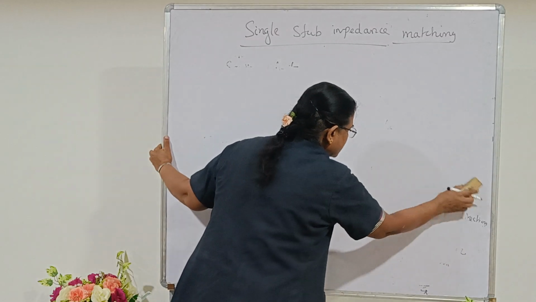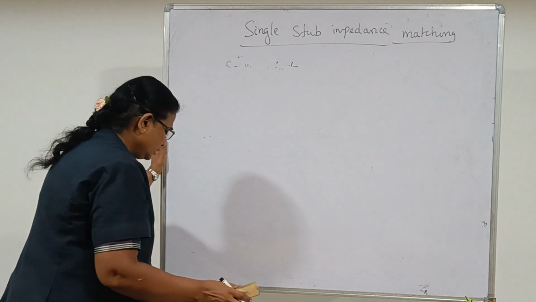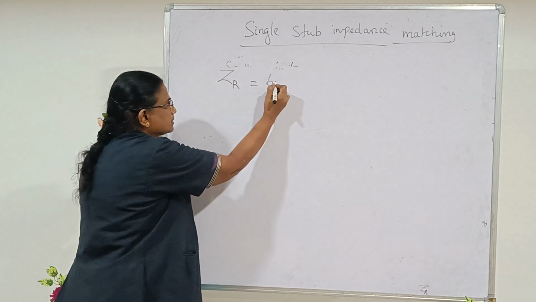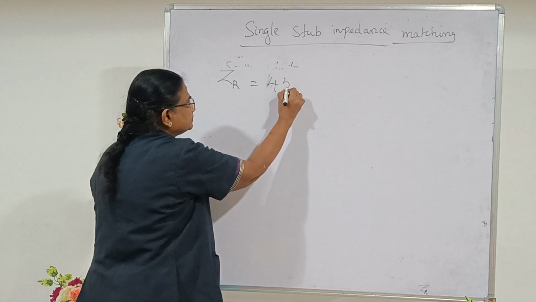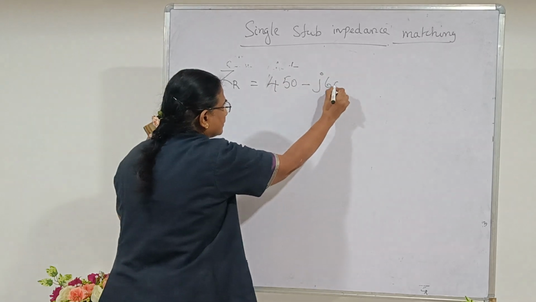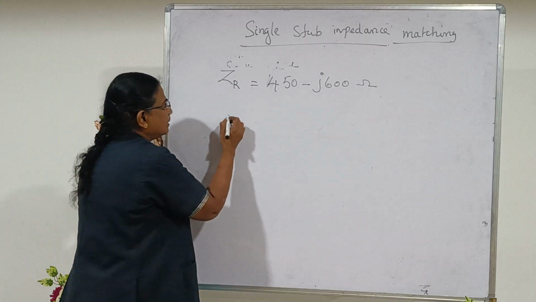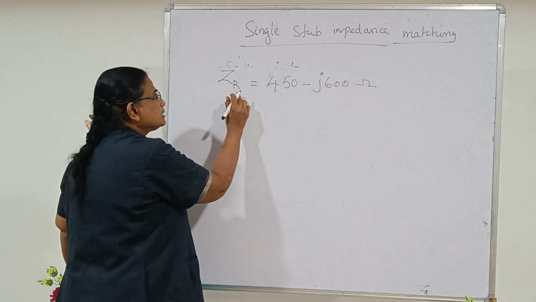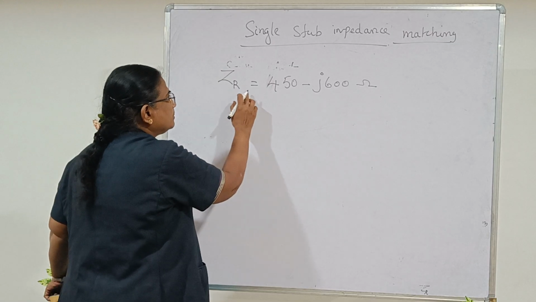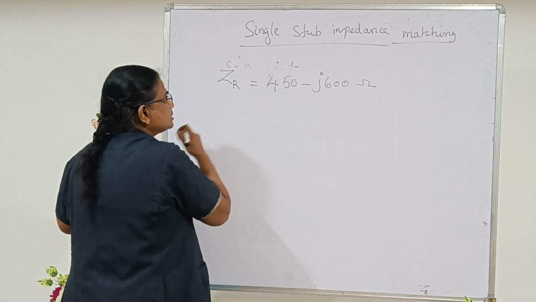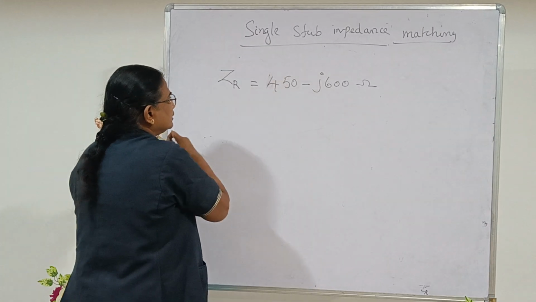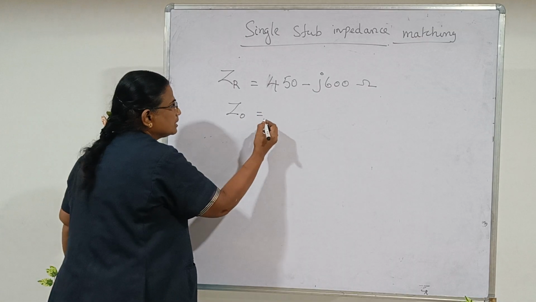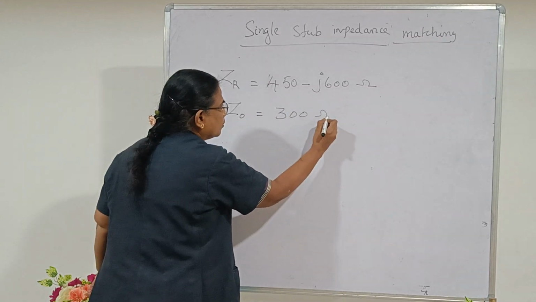Design a short circuited stub to match the load impedance ZR, which is 450 minus J 600 ohm, with that of the characteristic impedance, the line impedance, which is 300 ohm.